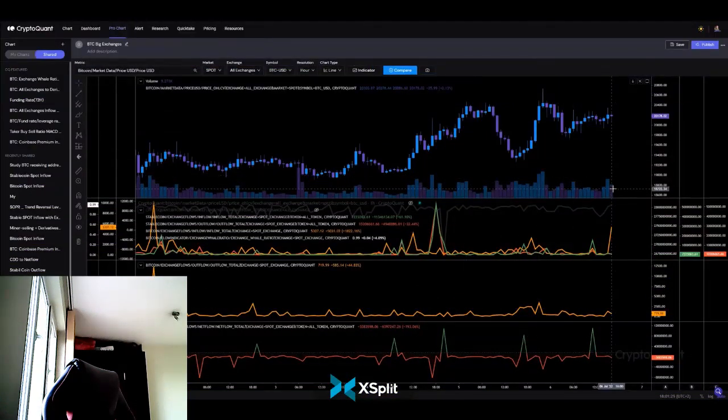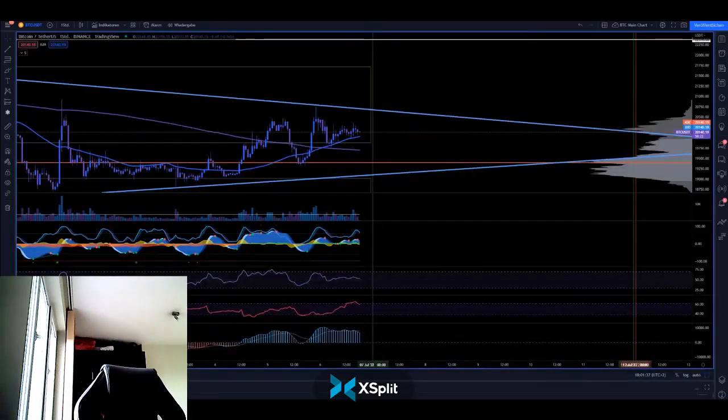So we see that we received 5,300 bitcoins just within the last hour. Let me check what the price action is doing. Nothing at the moment.